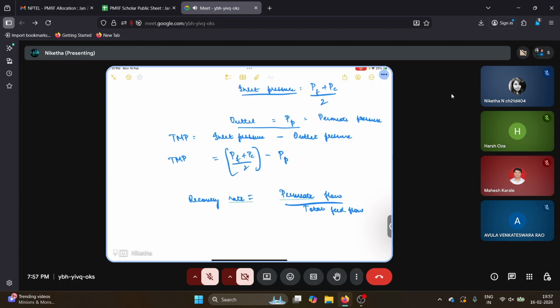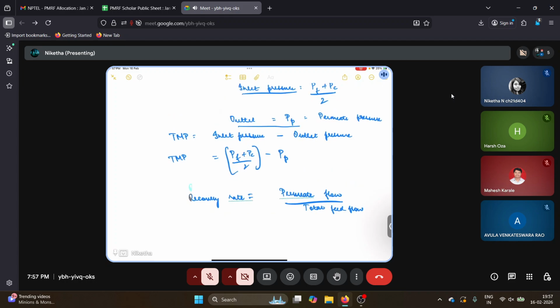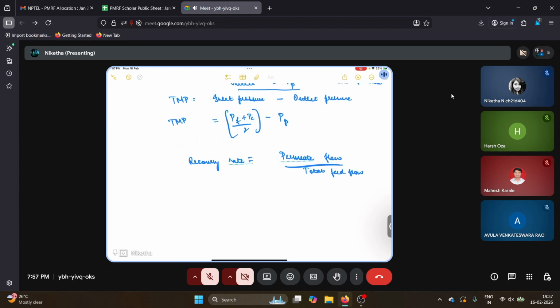Suppose we have 1 liter of water flowing through the membrane, so the inlet feed flow is 1 liter. From that 1 liter, we might get 0.6 liters or 600 ml as the permeate. Then the recovery rate becomes 600 by 1000. That is just one example.